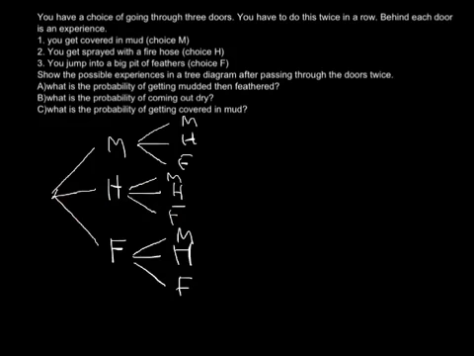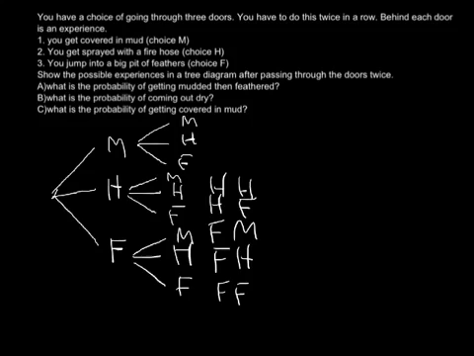So as I'm drawing here, we go from FF, which is one outcome, feathered twice in a row, feathered then hosed, feathered then mudded, but then we can have hosed and then feathered.